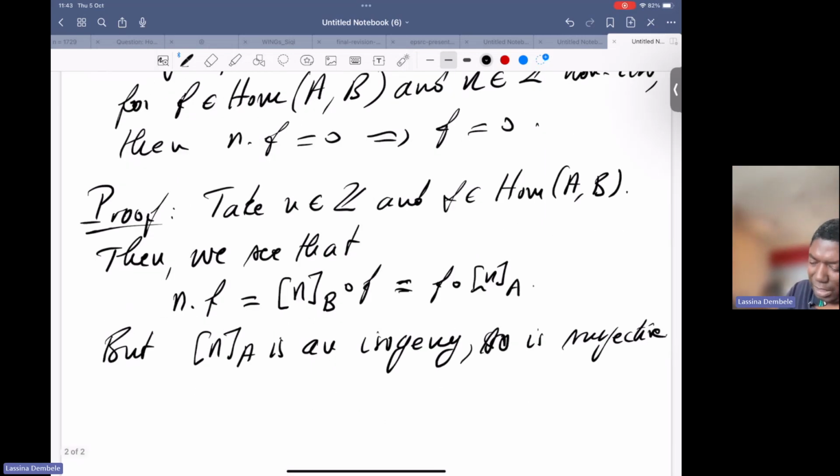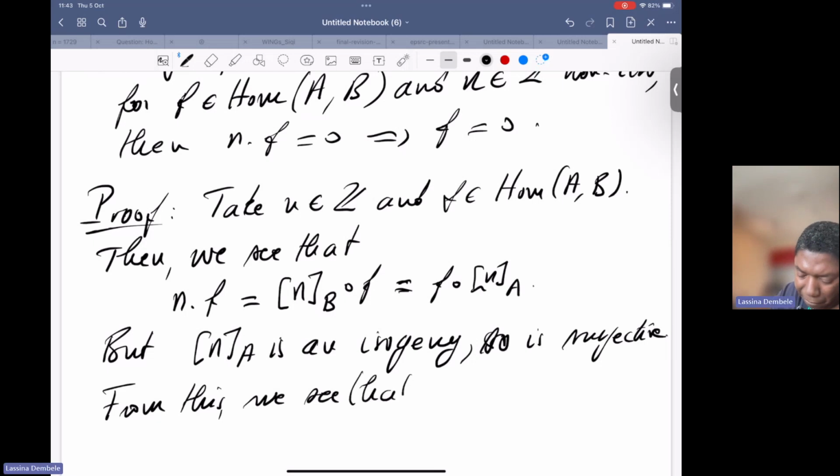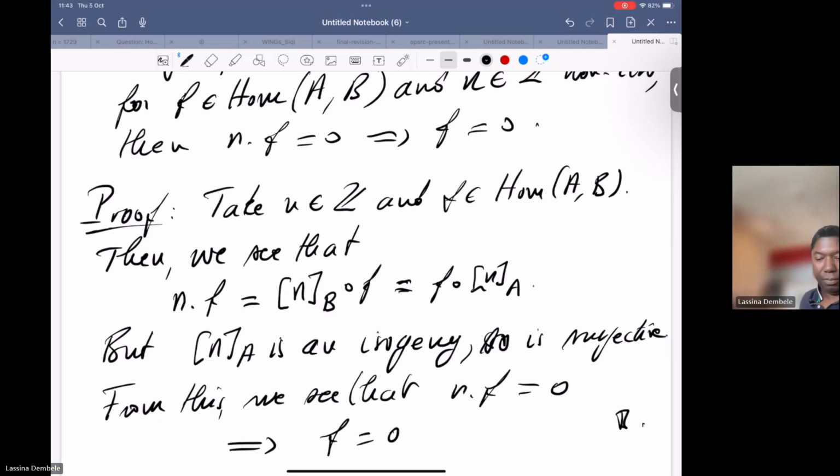And so from this, we see that if n times f is equal to 0, this would imply that f is equal to 0. Okay.